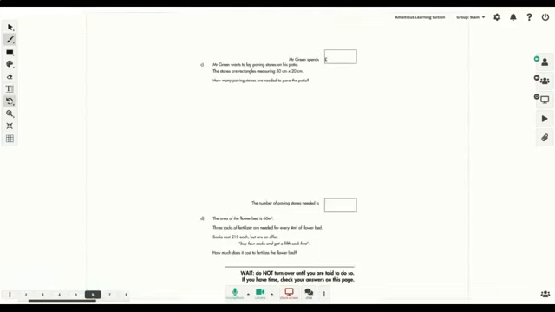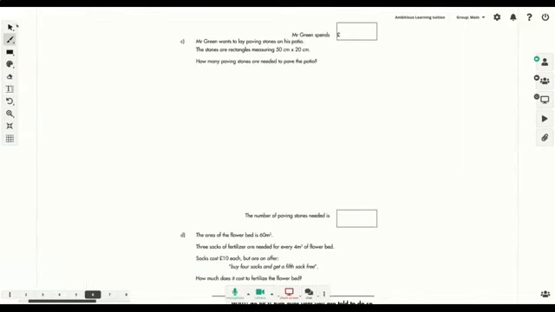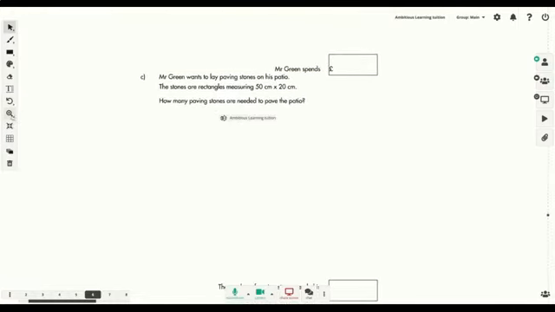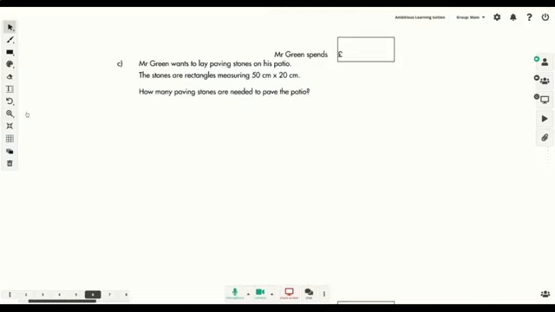I'll zoom in again for you guys. Mr. Green wants to lay paving stones on his patio. The stones are rectangles. The measurements are 5 centimeters by 20.